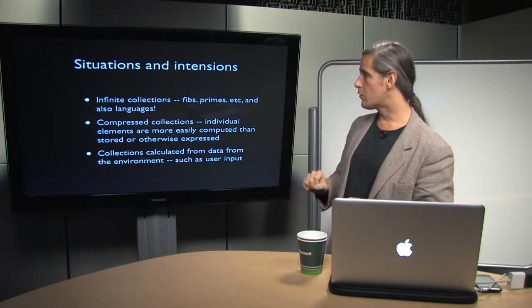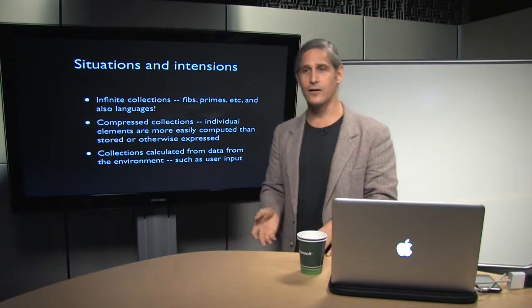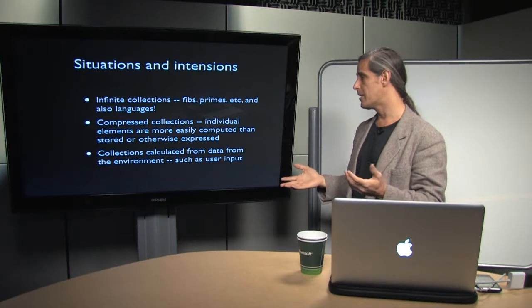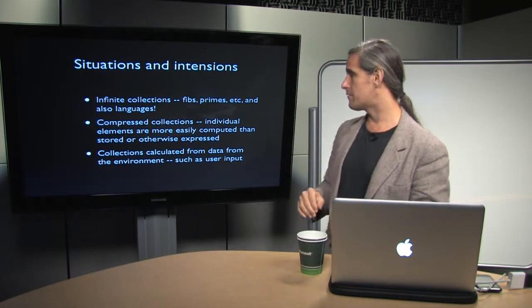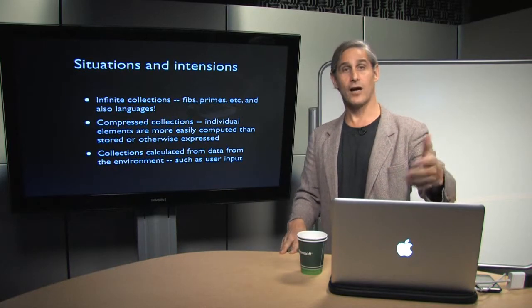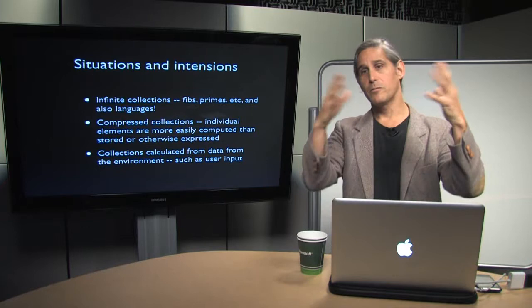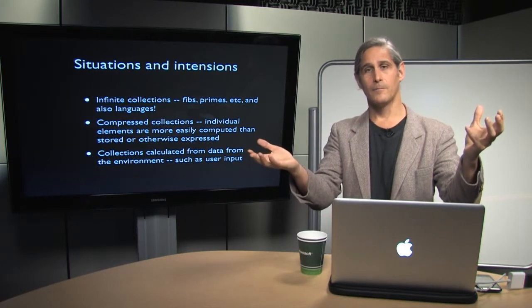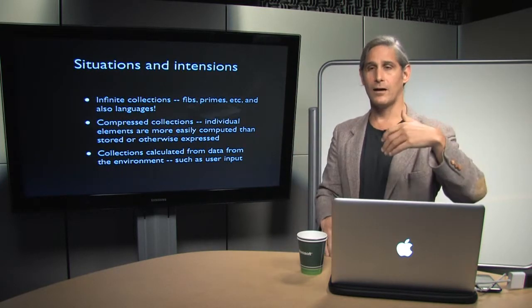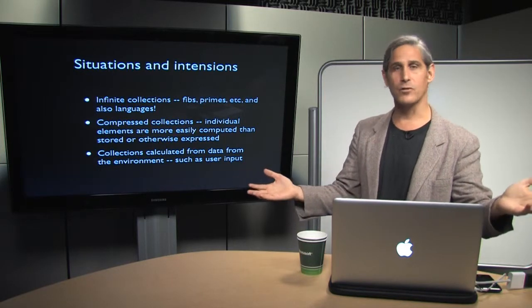And then finally, once you start down that slippery slope, there's another avenue that opens up, and that's collections that are calculated from the environment. So I might have context-based menus, right? I'll compute a menu on a UI on the basis of what I know about the history of the user's actions, and that's commonplace today.